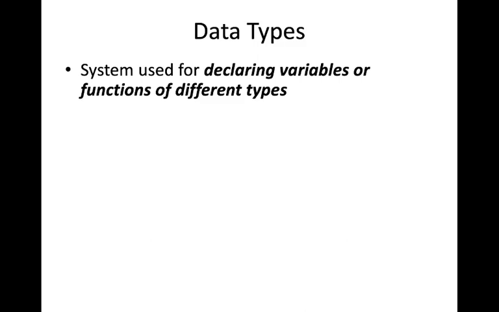When it comes to C, we have to specify the data type, that is, what type of number should be read. Whether it is an integer number, or a floating point number, or you can call it a decimal number. So what type of number we want to input should be specified.